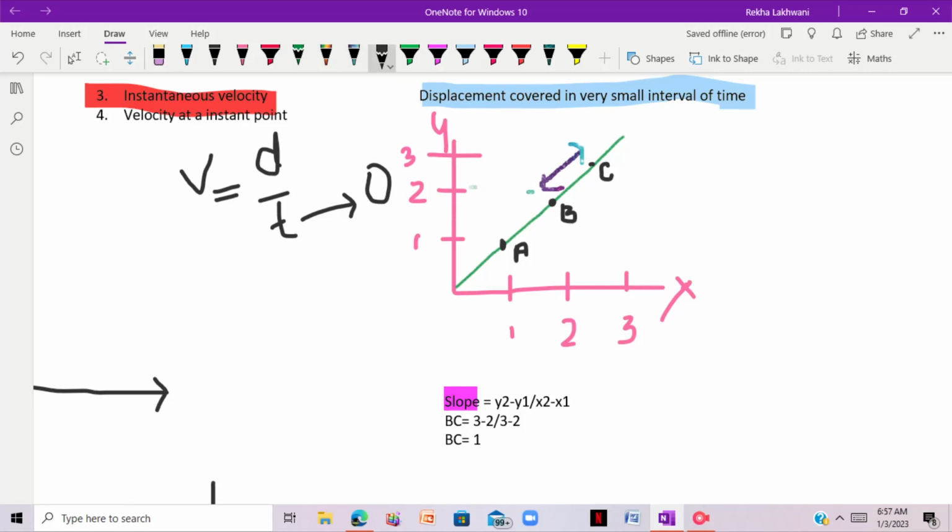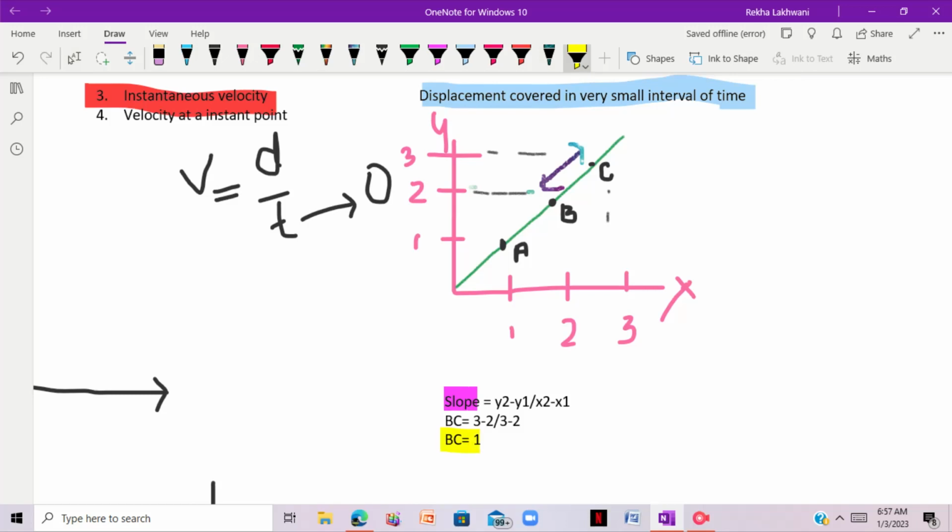We have studied this in my previous video. Now there is no change in displacement, so it means there will be zero velocity. So this is known as the zero velocity graph. In this graph, the straight line is parallel to the time axis, right?